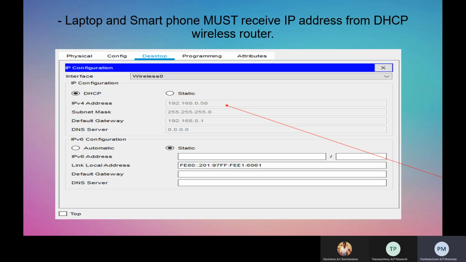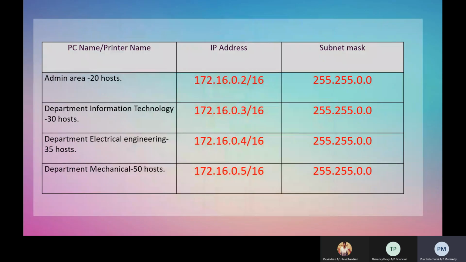Laptop and smartphone must receive an IP address from the DHCP wireless router. So this is the example of wireless router one. Okay. The next is PC and printer. Admin area, 20 hosts. The IP address is 172.16.0.2/16. The subnet mask is 255.255.0.0. For the Department Information Technology, 30 hosts, the IP address is 172.16.0.3/16.